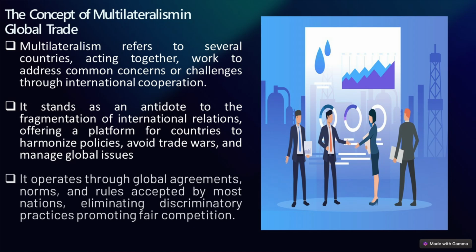Now, how does multilateralism operate in the context of global trade? In the context of global trade, multilateralism operates through the establishment of global agreements, norms, and rules that are accepted and adhered to by the majority of the world's nations.